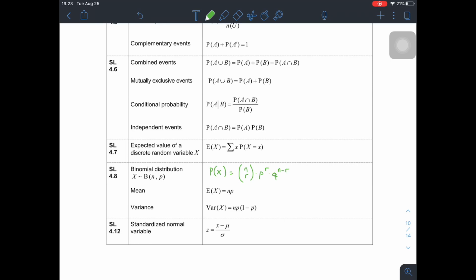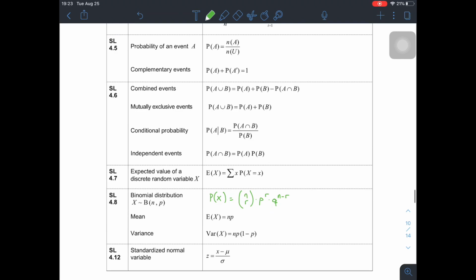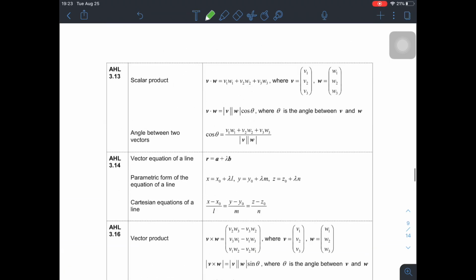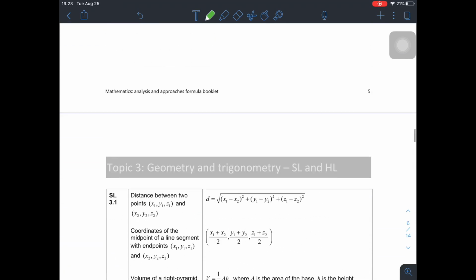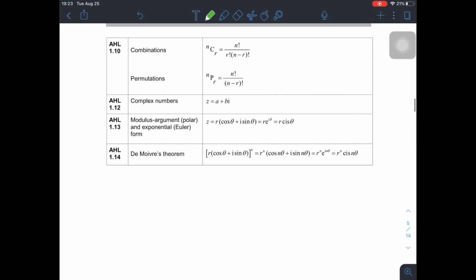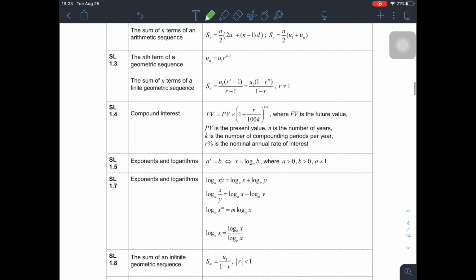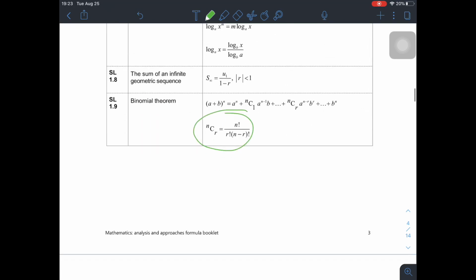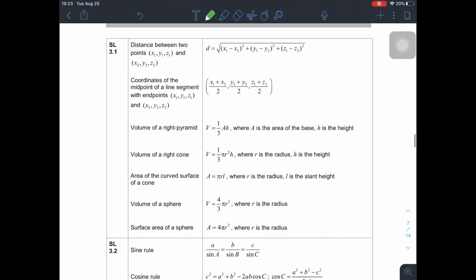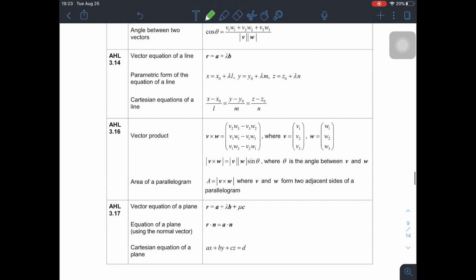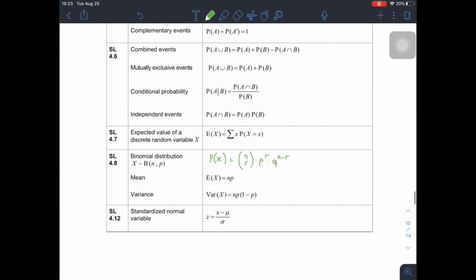This would be the formula, which I don't know why, but it is not written here. Maybe it's written up here, topic 1, let me see. No, we just have this. That's weird. Okay. We don't have that in the formula booklet for now, but I think that's a mistake from the IB. We should be able to have this formula.